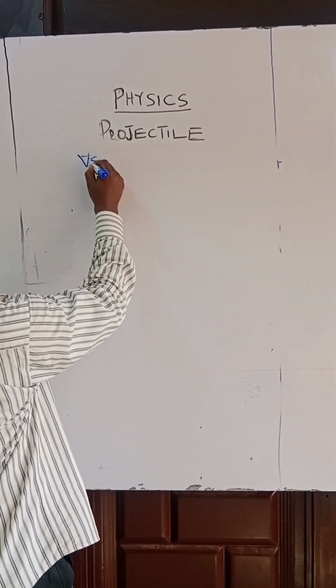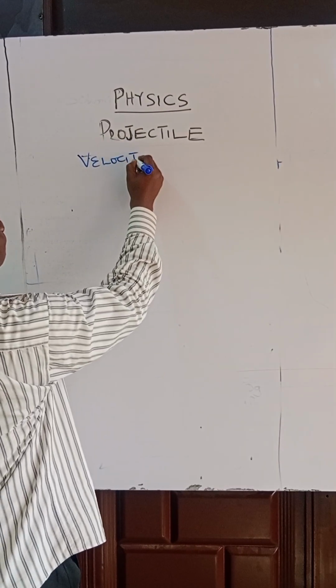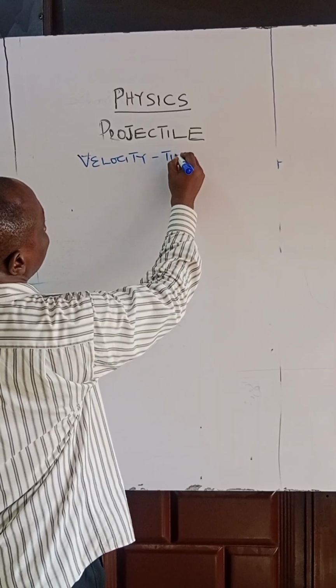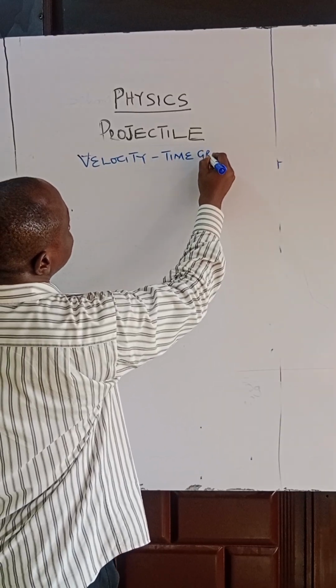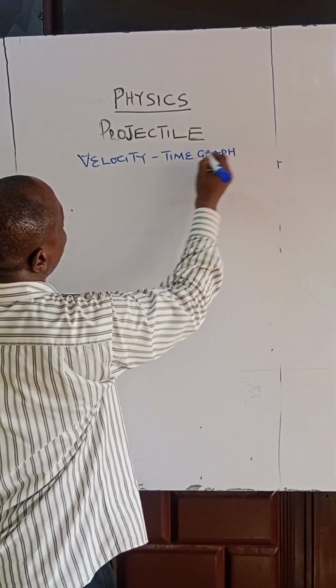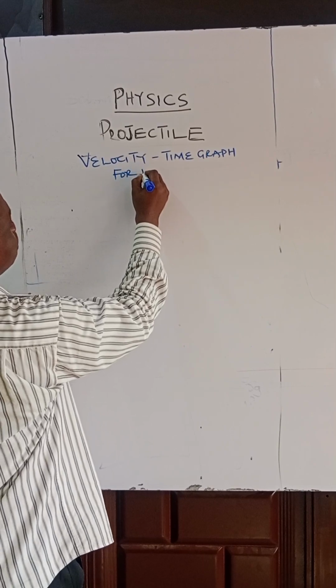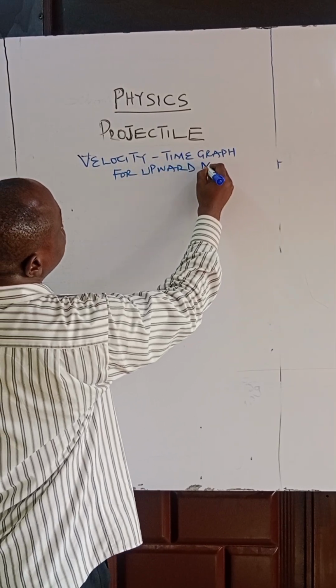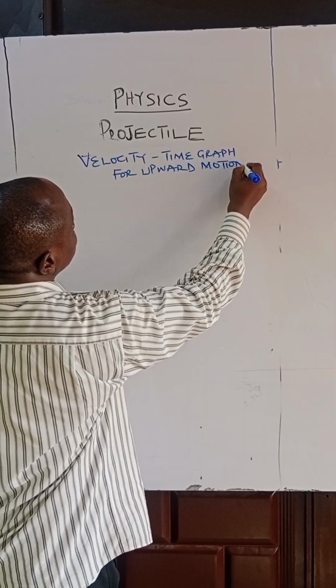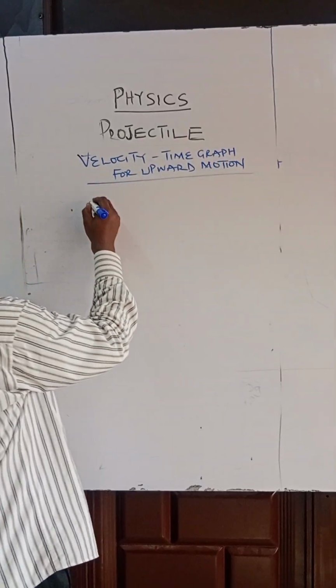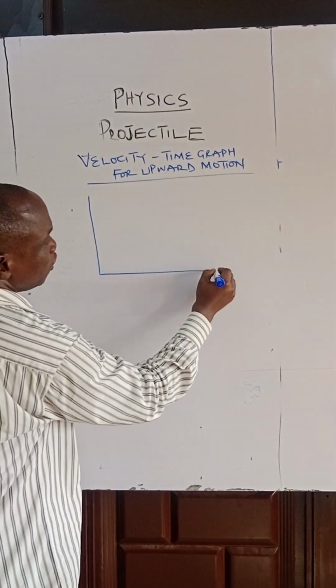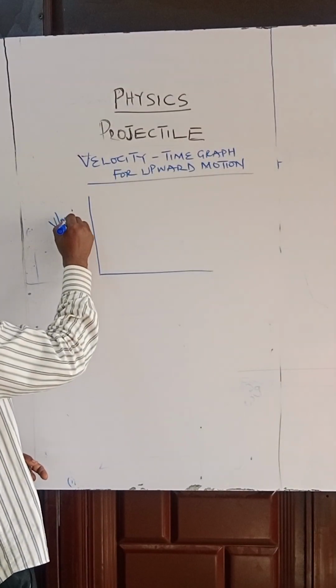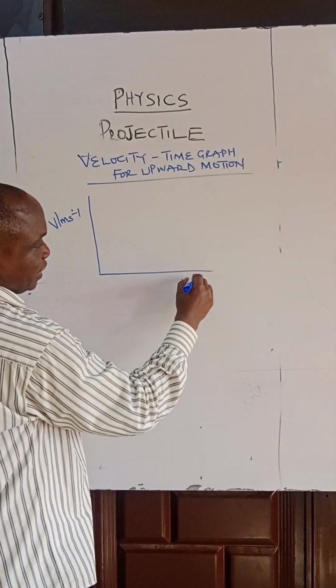Upward motion. We call it the velocity-time graph for upward motion, for a body projected vertically upward. How does it look? A velocity-time graph is a graph of velocity in meters per second against time in seconds.